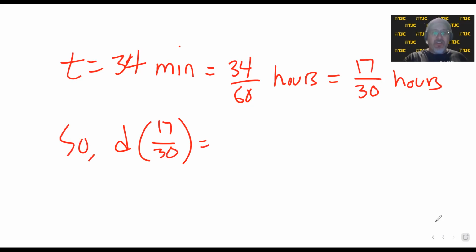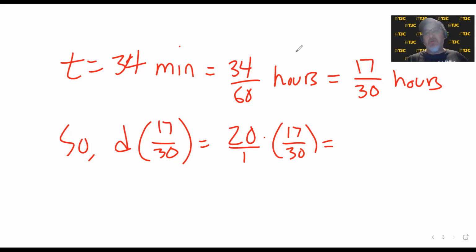And our function says, I'm going to multiply 20 times whatever you have in there. And now it's a game of, do we know how to do this? Well, to multiply a whole number times a fraction, just turn the whole number into a fraction by putting it over 1. And at this point, you can either multiply or reduce. The rule for reducing is any factor on top of a multiplication problem can reduce with any factor on the bottom.